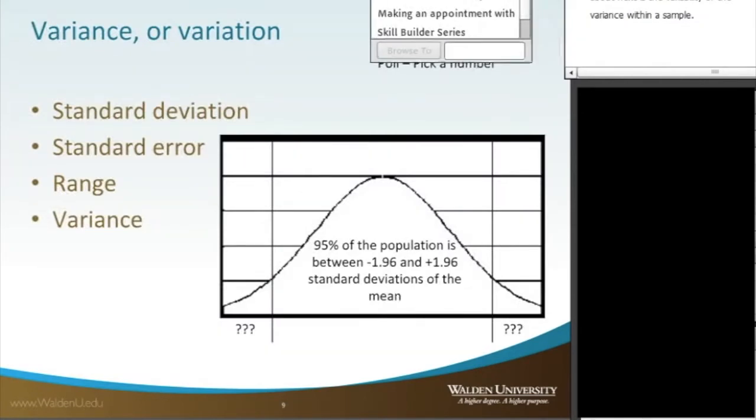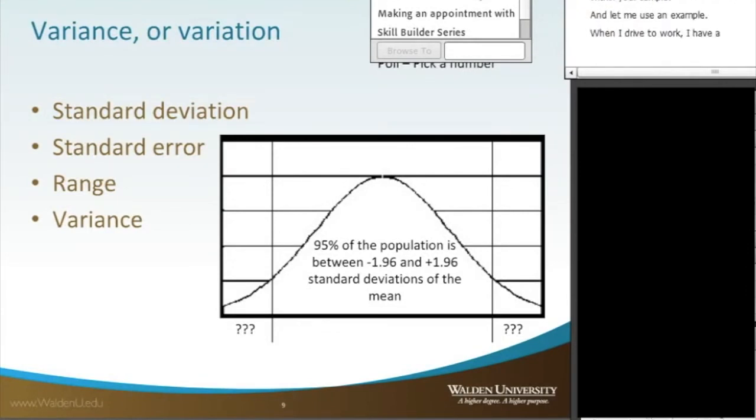All right. We may talk about variance or variation, and what we're talking about here is the scatter and the spread of data within your sample. Let me use an example. When I drive to work, I have a commute time, and actually, I have a pretty ugly commute time.